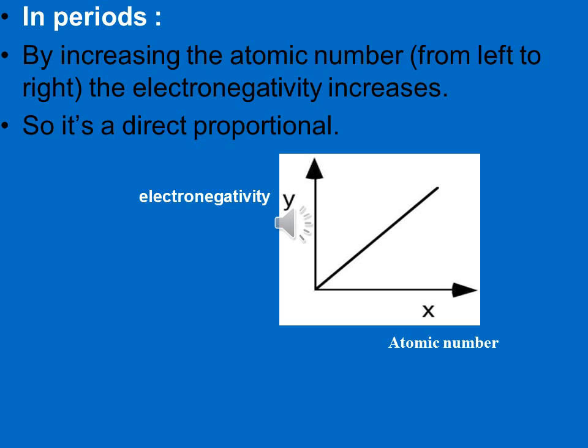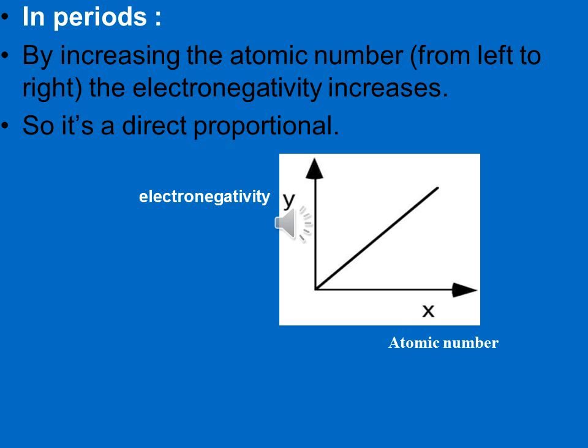In periods, by increasing the atomic number from the left side to the right side, electronegativity increases. Why? Because we said before, when we talked about the atomic size, that the atomic size decreases in periods because the attraction force increases.